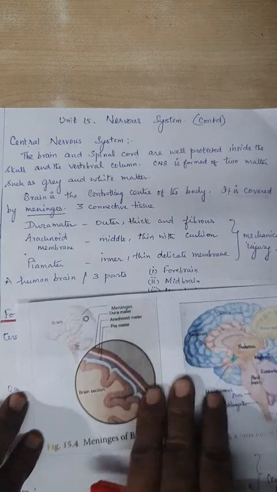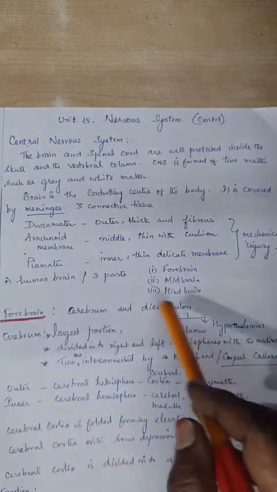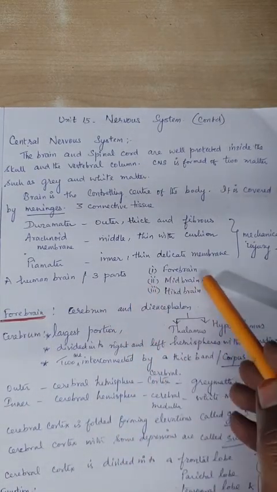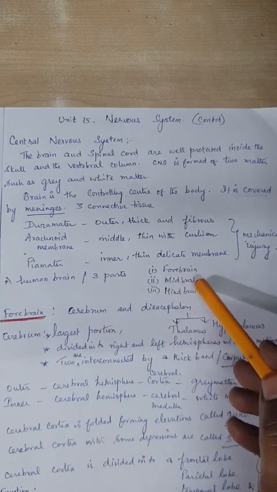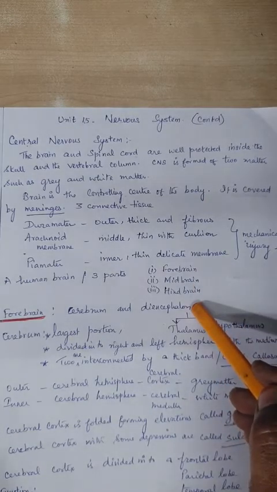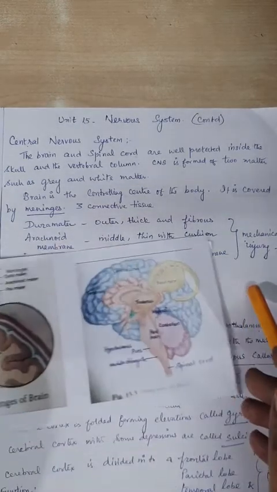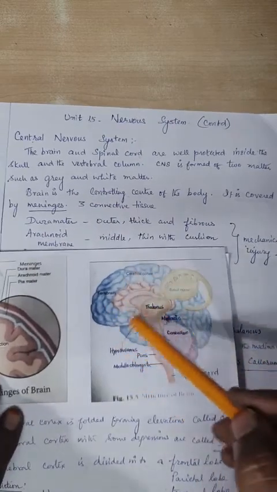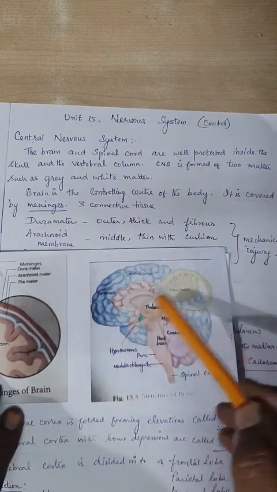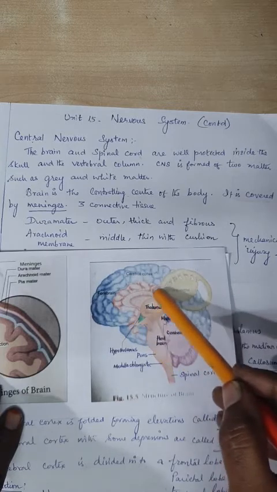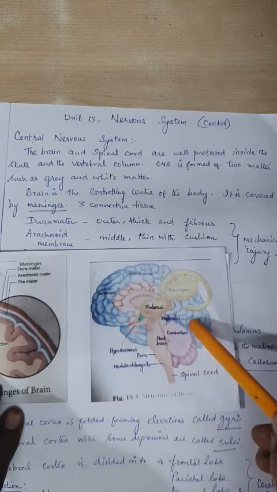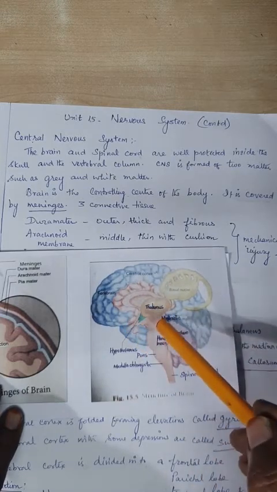Okay. The human brain has three parts. Basically, you can say forebrain, midbrain, and hindbrain. Here you can see the longitudinal section of the brain. This portion is forebrain, this portion is midbrain, and this portion is hindbrain.